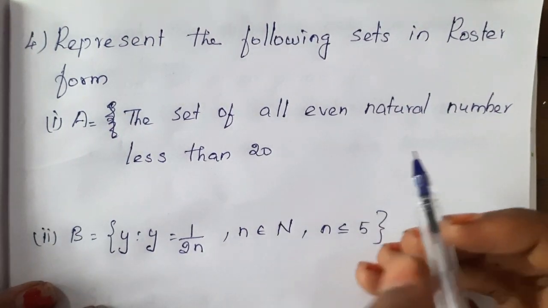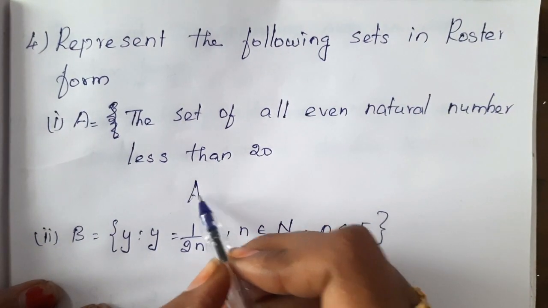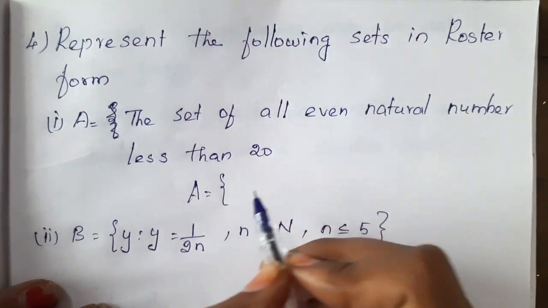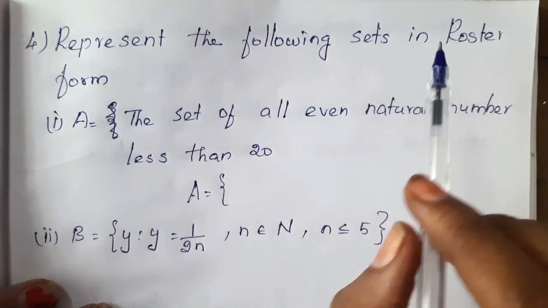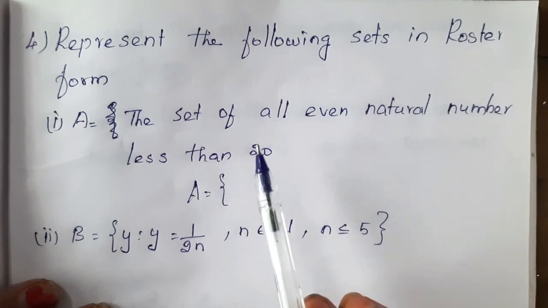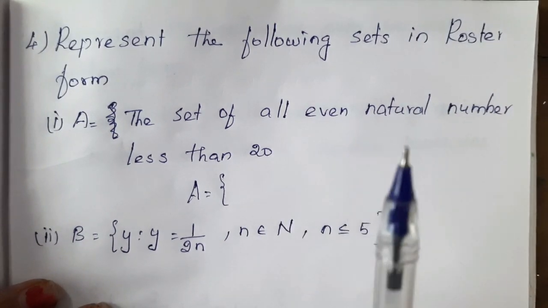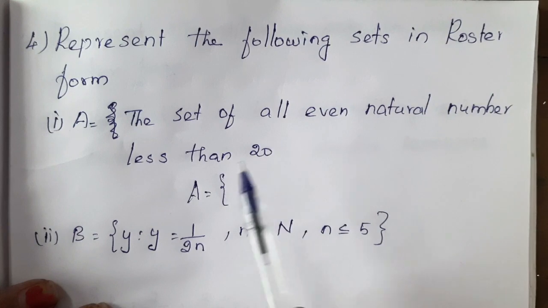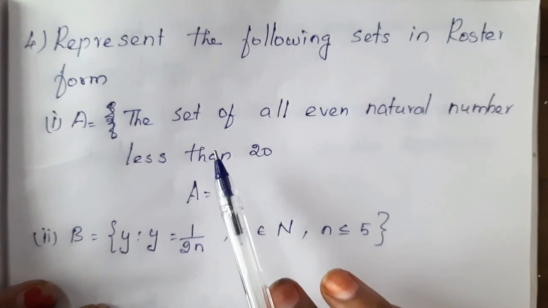So we can write that set A equal to. We are going to describe with elements. What are the elements? Tell me. Set of all even natural numbers. So you know about even numbers. Even number means 2, 4, 6, etc. But that should be less than 20. Not 20.